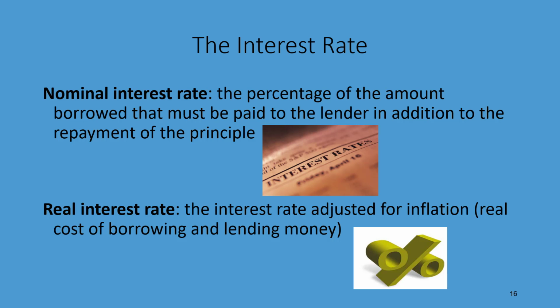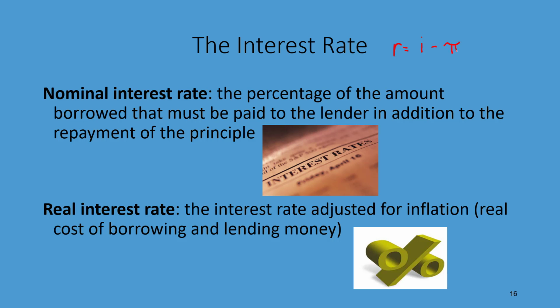The real interest rate is that nominal interest rate that's been adjusted for inflation, or it's the real cost of borrowing and lending money once you've taken prices into account. So again, it's the real cost of that borrowing and lending money once you take into account changes in prices, which we call inflation. So the real interest rate is equal to the nominal interest rate minus the inflation rate.